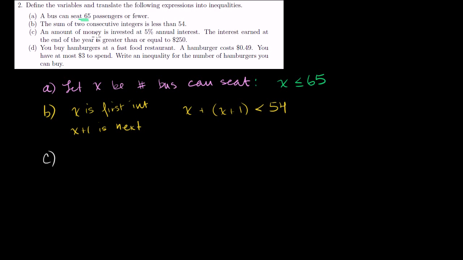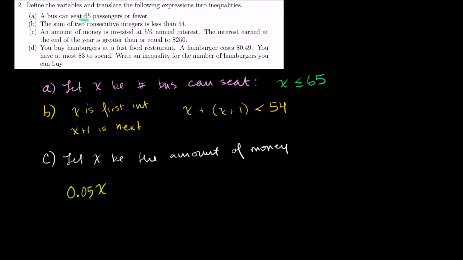C, an amount of money is invested at 5% annual interest. Let x be the amount of money. The interest earned at the end of the year is greater than or equal to $250. So what's the interest earned at the end of the year? It's the amount of money you invest times your annual interest rate, 5%, or if you write it as a decimal, 0.05.